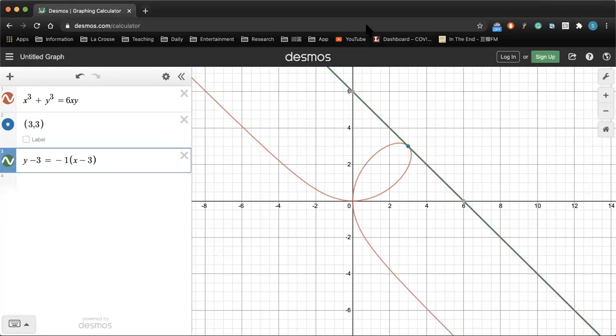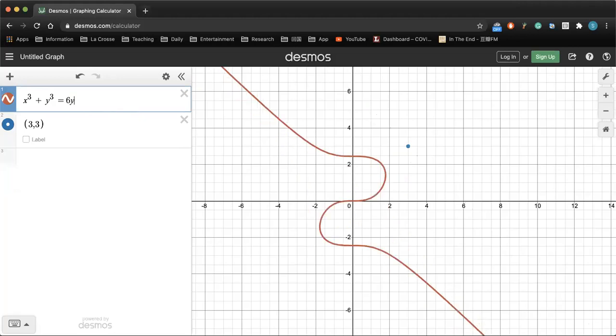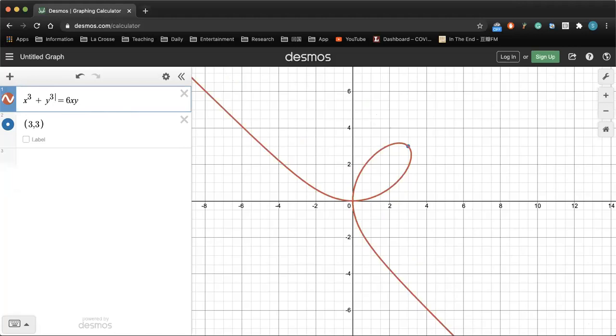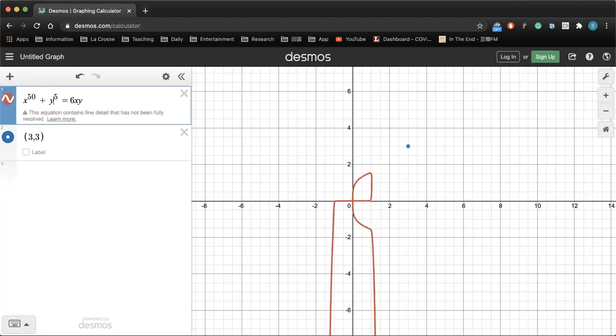By the way, have you ever thought about how to play with this by deleting the y here? Okay, I'll change it to be y. Have you ever thought about taking this one and changing it to be 4th power? Okay, 5th power, and keep going. So you can play with this all the time. Let's do 50.